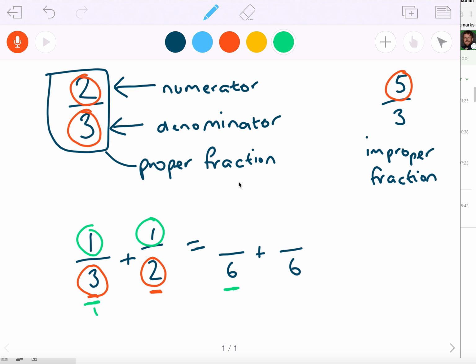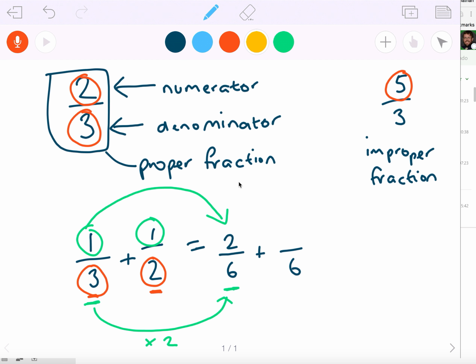I've multiplied it by 2. If I've multiplied the bottom by 2, then I've got to multiply the top, the numerator, also by 2. So I'm going to write in there 2/6.